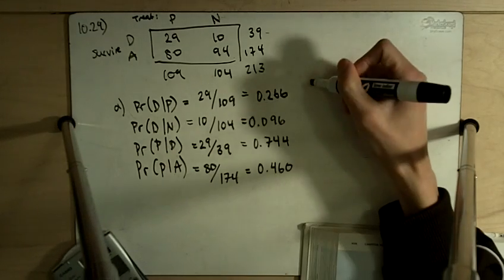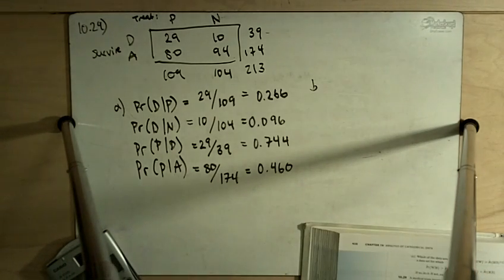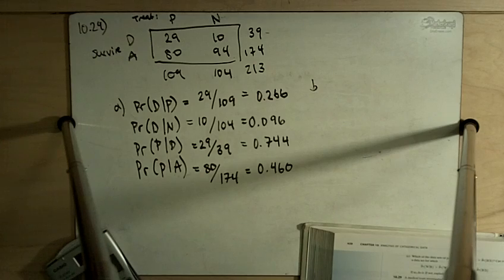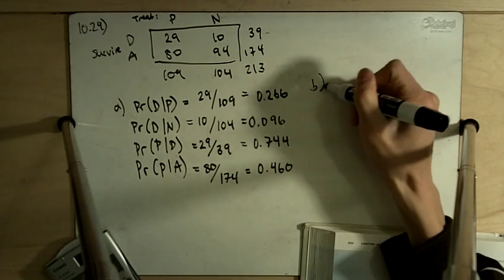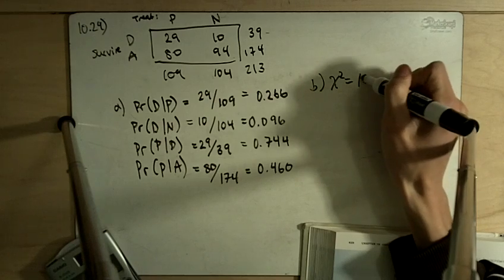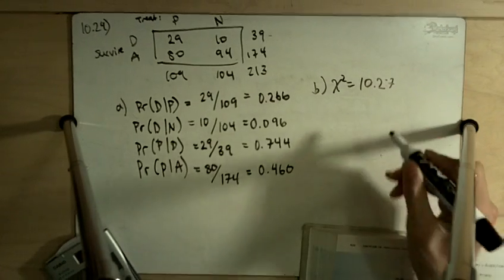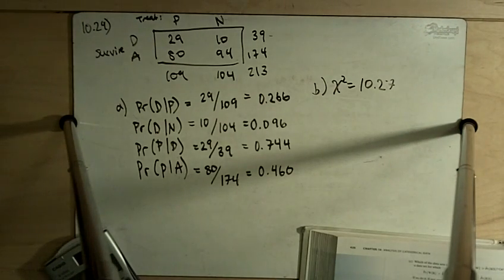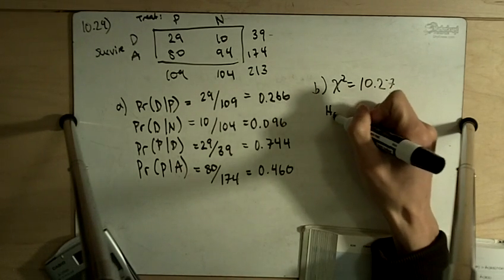Part B says the chi-squared statistic for the contingency table turned out to be 10.27. Test a relationship between the antibody and survival. Use a non-directional alternative.